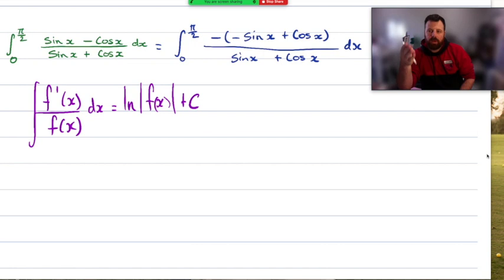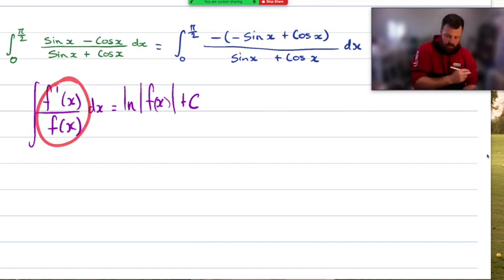So one of the things we want to try and recognize here is that our integral is in the form of a fraction. The numerator has variables in it.